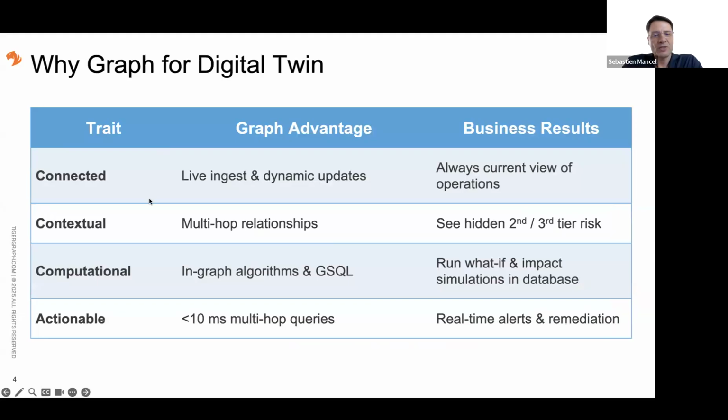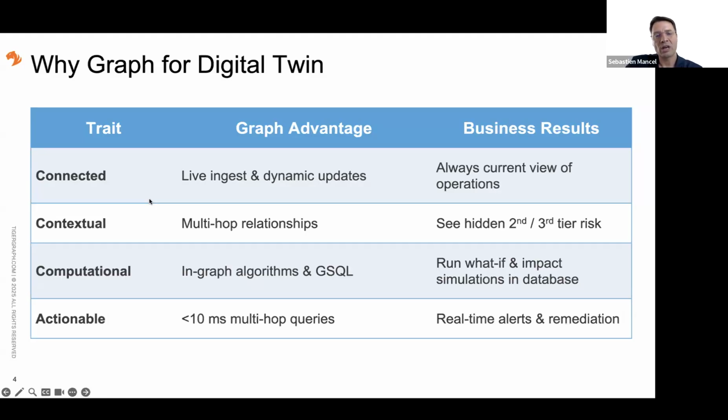So why are graph databases uniquely suited for powering digital twins? Well, one, they are connected. Graph databases continuously ingest live data streams, keeping the digital twin always synchronized with the latest state of operations. They're also contextual.